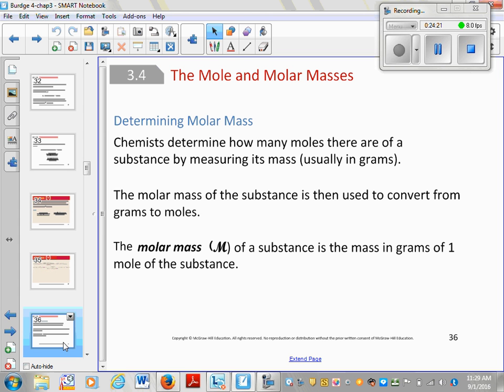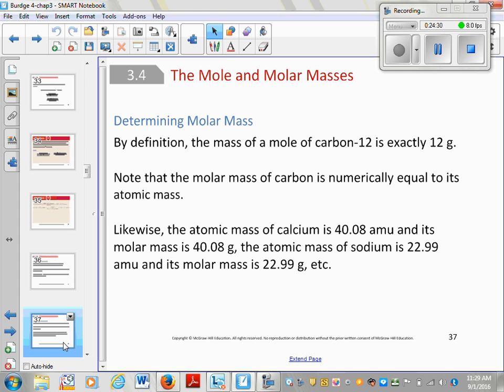And if we know how much a carbon atom weighs, we can figure out what the total weight is in grams. By definition, the mole of a carbon-12 atom is exactly 12 grams. So the molar mass is equal to its atomic mass. Wow. That's kind of lucky.